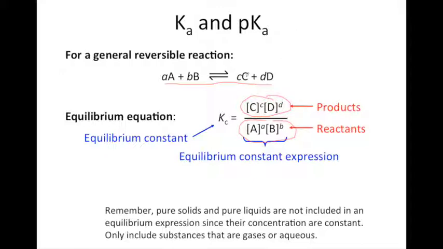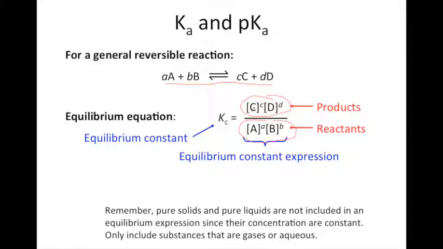And an equilibrium constant expression gives us a lot of information about a reaction. It tells us how far it proceeds to the right or to the left, gives us information about the concentrations, and allows us to calculate equilibrium concentrations for a particular reaction.